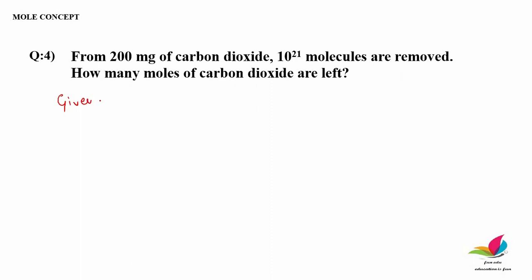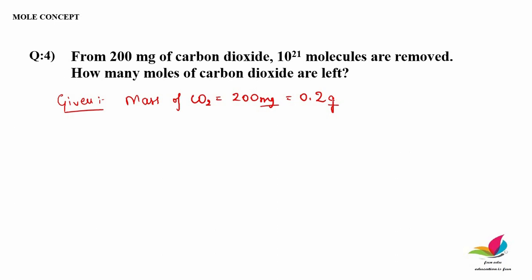Just we'll write what is given. Okay, so from 200 milligram of carbon dioxide, so mass of carbon dioxide, given mass of carbon dioxide is how much? 200 milligram, which is nothing but 0.2 gram of carbon dioxide. Correct? This milligram I have converted to gram.